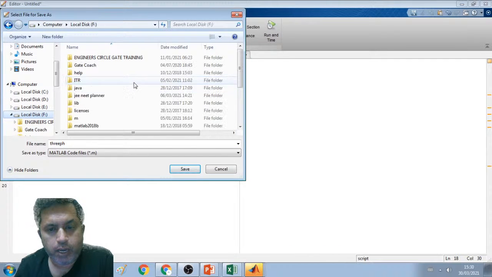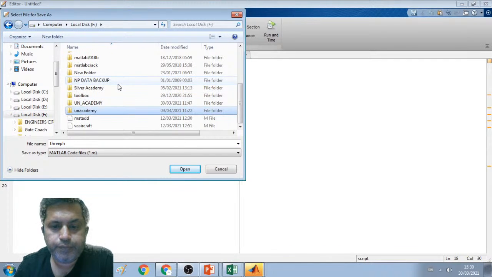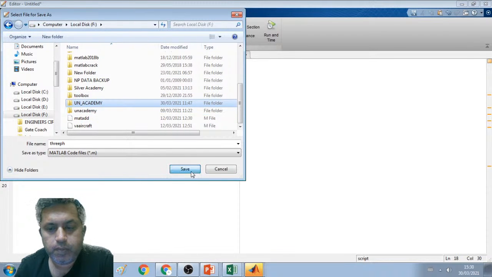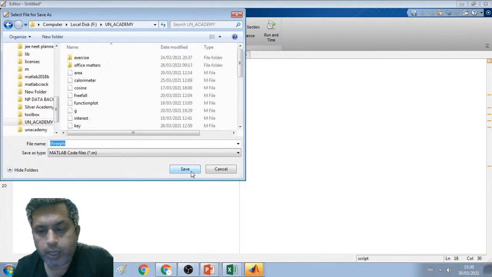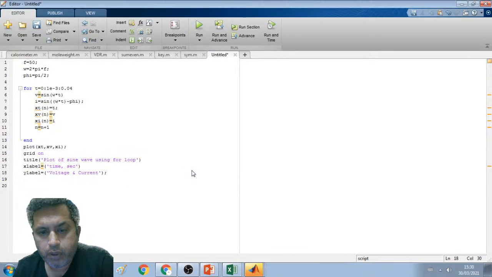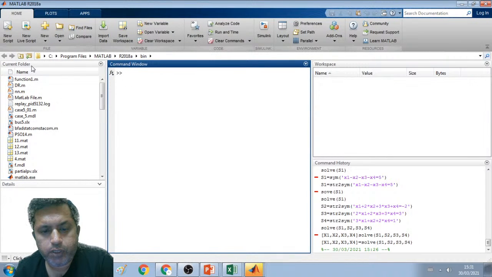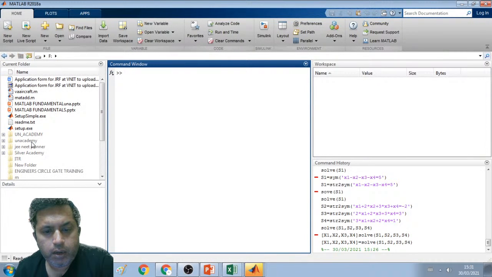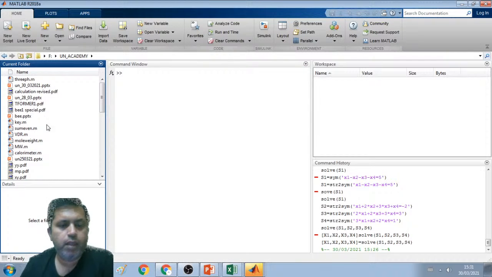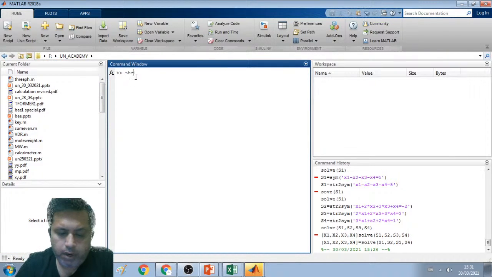Let us save into Unacademy folder. Okay, then save. Okay. Then we'll run it. See here, change path is desired. So what I will do is go to f colon Unacademy. Now I will run.